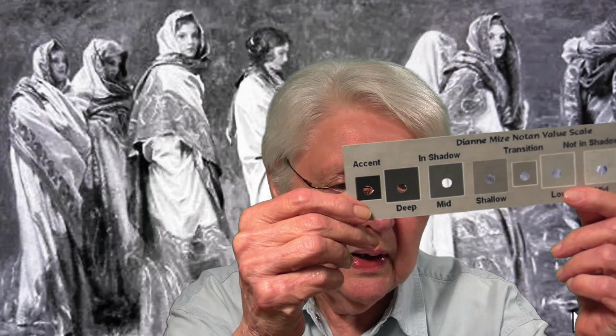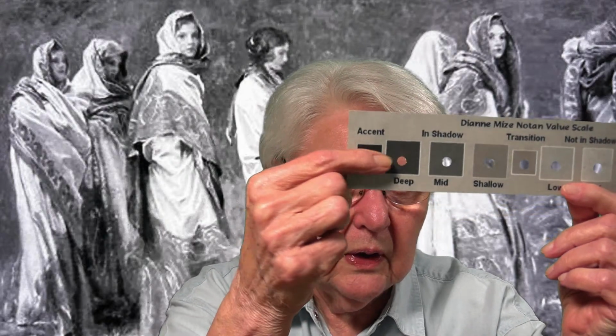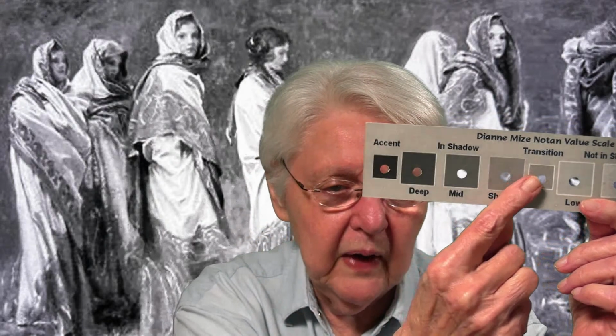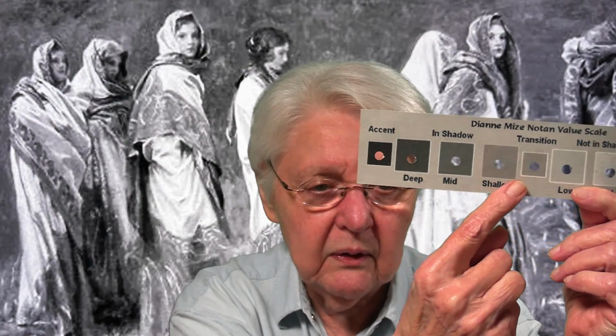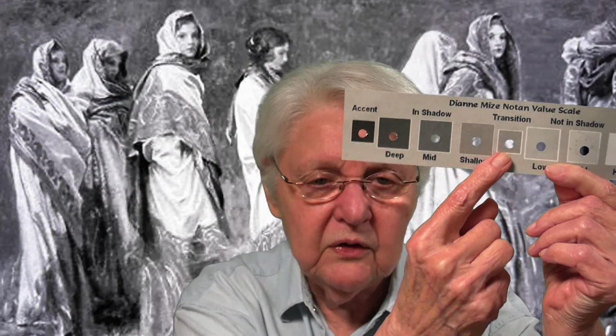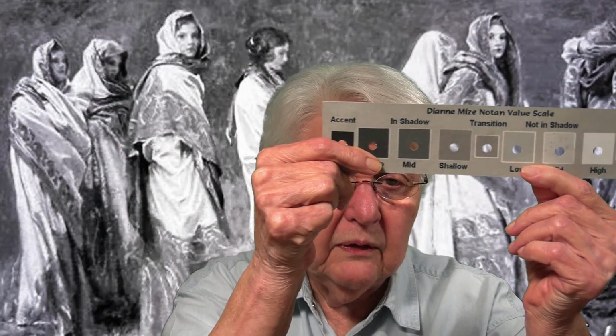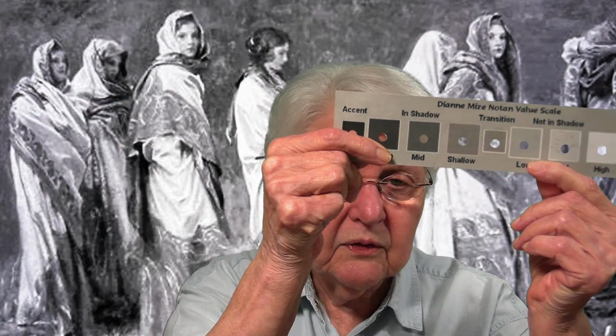If I hold this up to the image behind me, can you see that right in there is that transitional value? That's the middle value range, and as I pull it in, you say, oh no, that's not it, because that's too light. But then if I put it on, right there it is on the spot. So this kind of a tool makes it easy for you to read values you're looking at in nature.